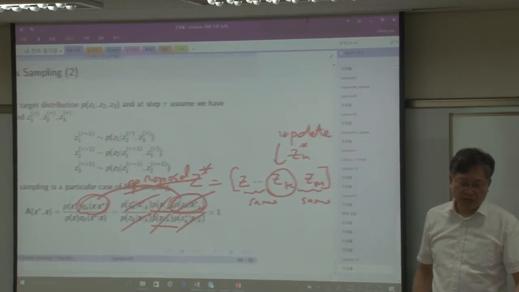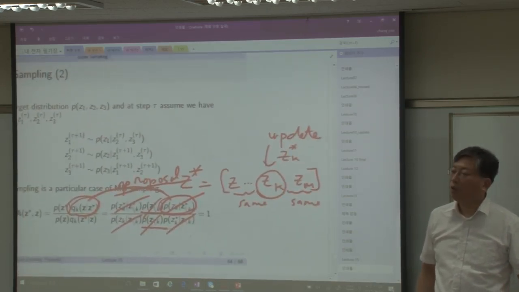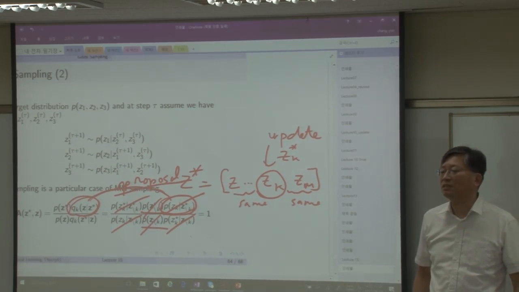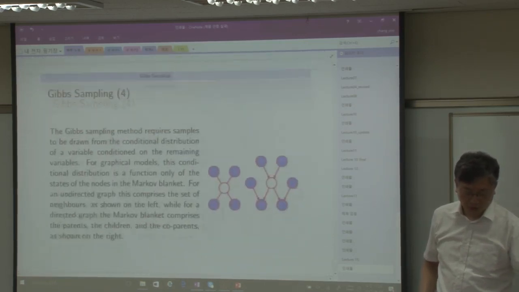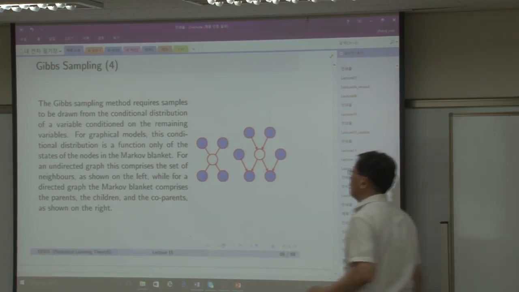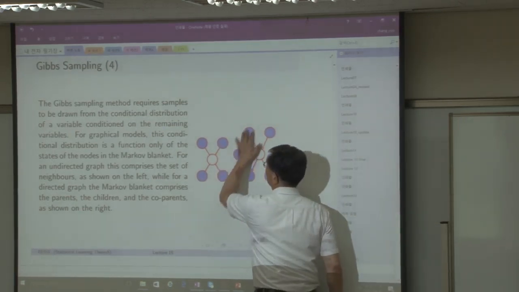And this is a very nice structure to use when you have graphs, when a graph is given to you. Okay? And I'll show you, here it is. See, all these are Z's.